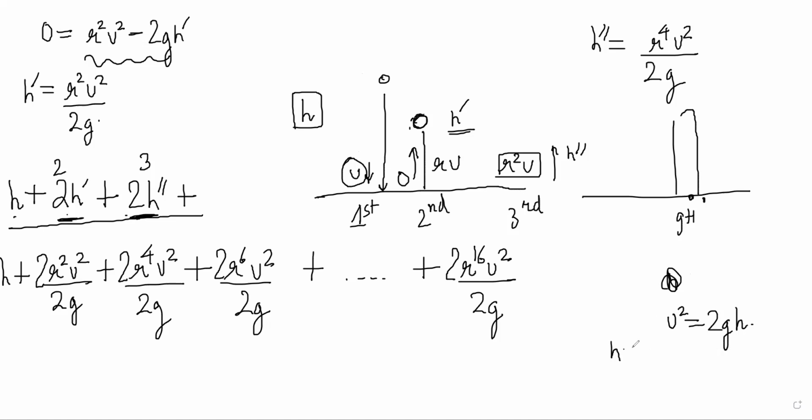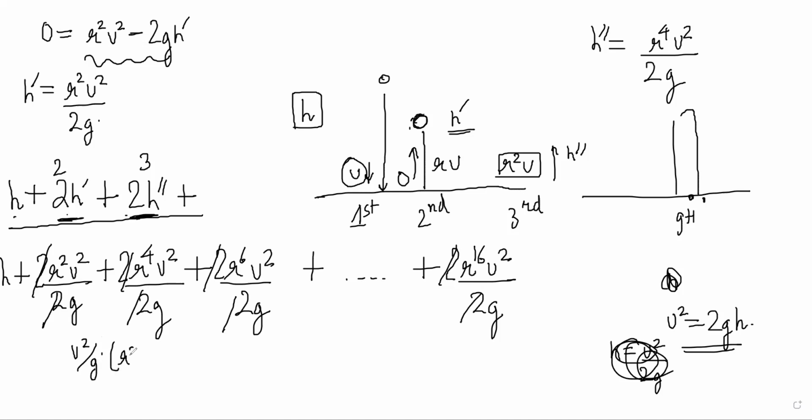So h is equal to v square by 2g, or we will use this v square is equal to 2gh to remove all the v's later, right? So I have this series right now. I have to add it up, and I can take v square by g common, and it is r square plus r power 4 till r power 16, right?